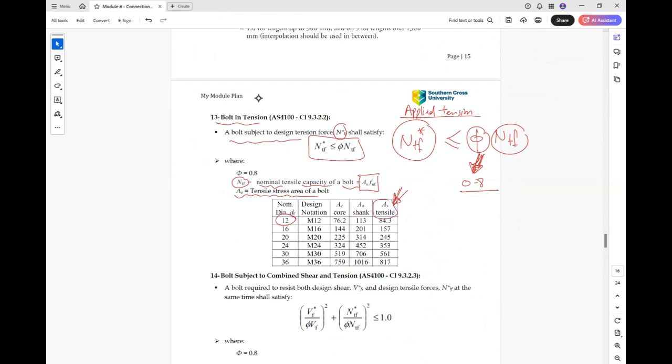So this is the effective area in tension of the bolt. So 84.3, for example, for the M12 diameter bolt.